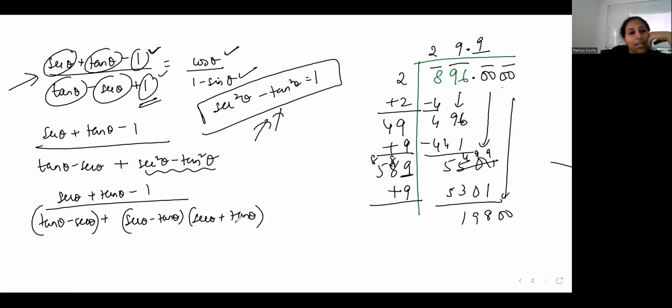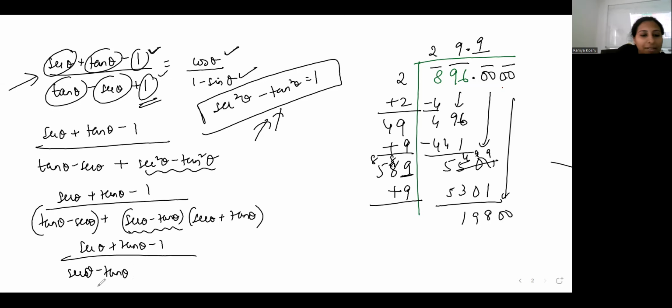Fine. All right. Now, think what common factor can you take out? What can you take as common factor out? Suppose I take sec theta minus tan theta as common factor. Here I'm having tan minus sec, not sec minus tan. But I'm taking sec theta minus tan theta as common factor. So what will be left?